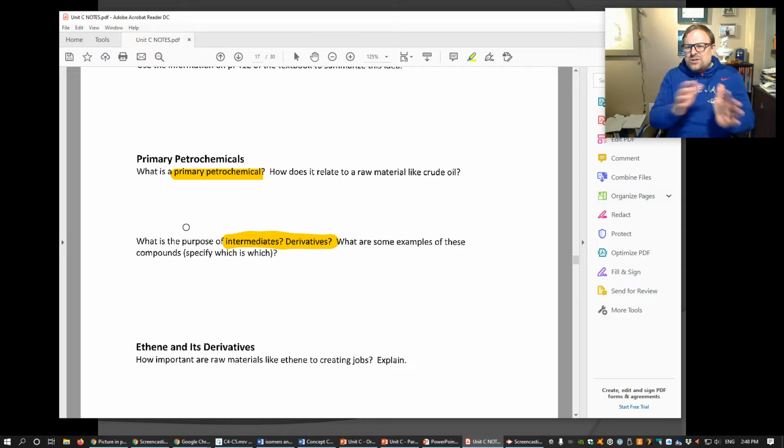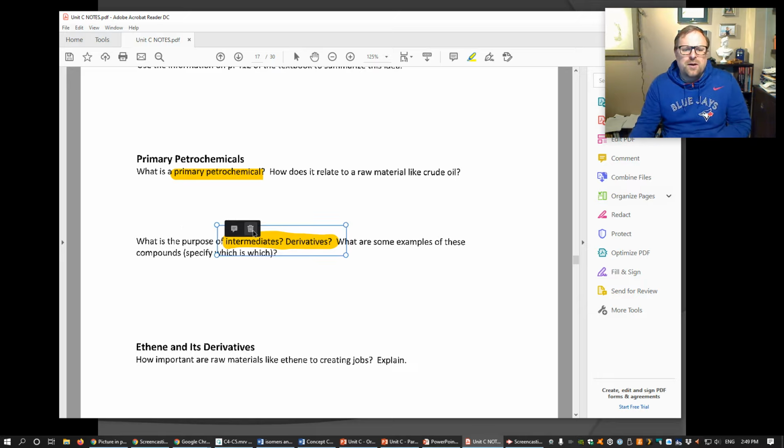We are transitioning right now from where we were in the unit, just dealing with hydrocarbons. We dealt with aliphatics and aromatics, only compounds made up of carbon and hydrogen so far. This little self-directed section is transitioning you into dealing with compounds that don't just contain carbon and hydrogen.